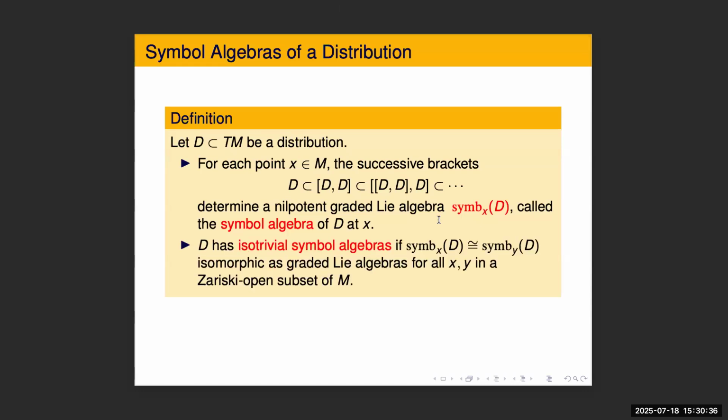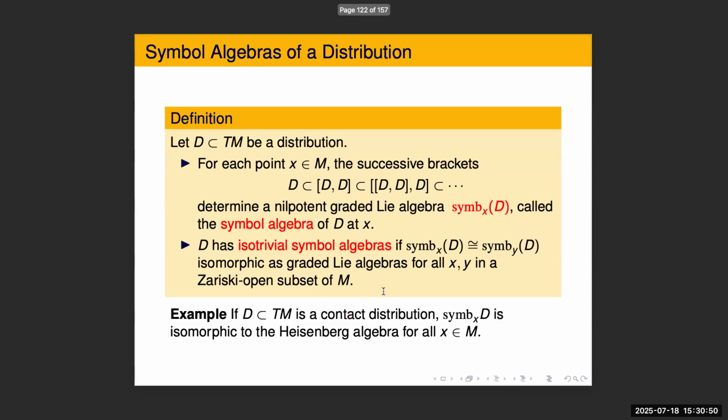And we say that D has isotrivial symbol algebras if the symbol algebras are isomorphic as graded Lie algebras for all points in a Zariski open subset N. For example, if you have a contact distribution, then in that case, the symbol algebra is isomorphic to the Heisenberg algebra at every point. So this is the case of isotrivial symbol algebras.